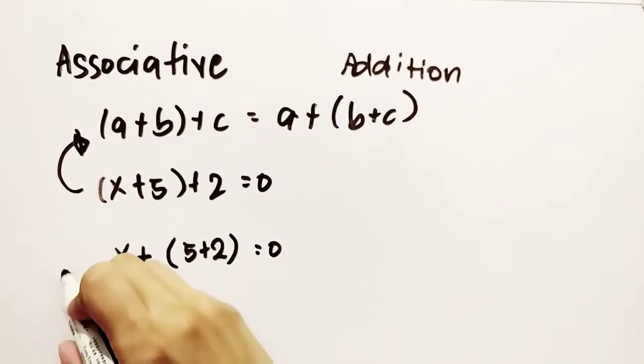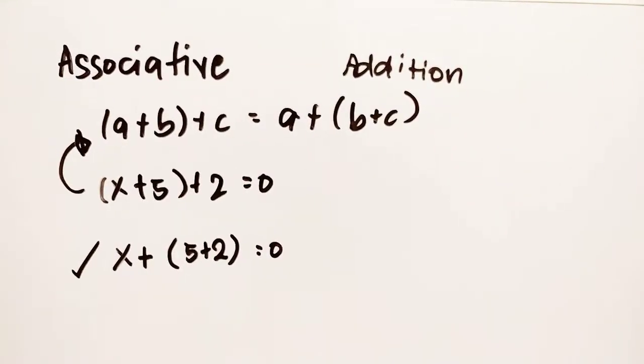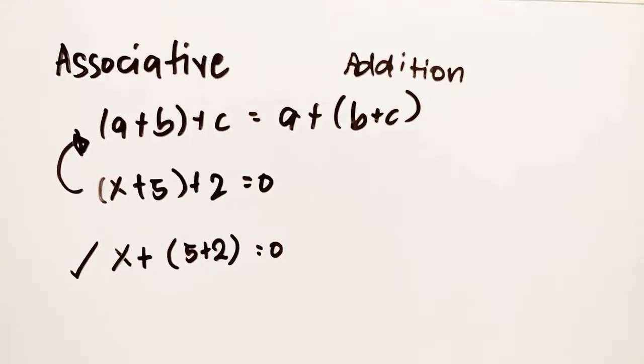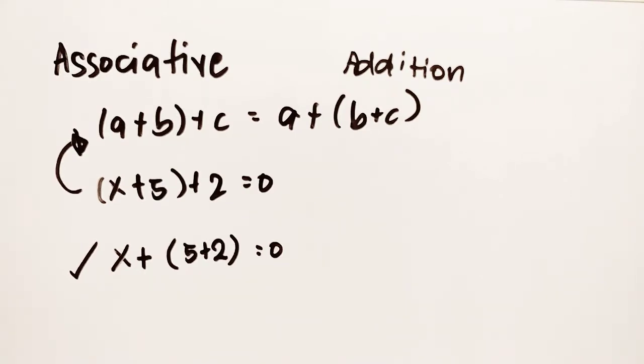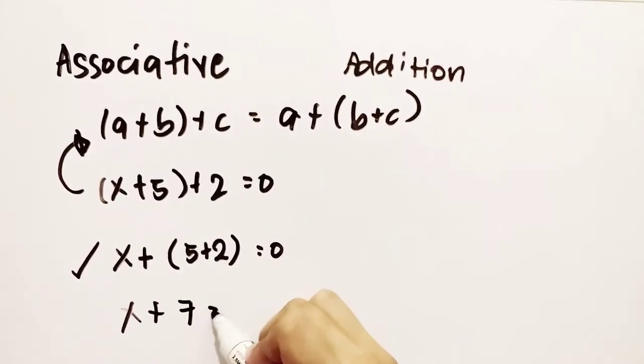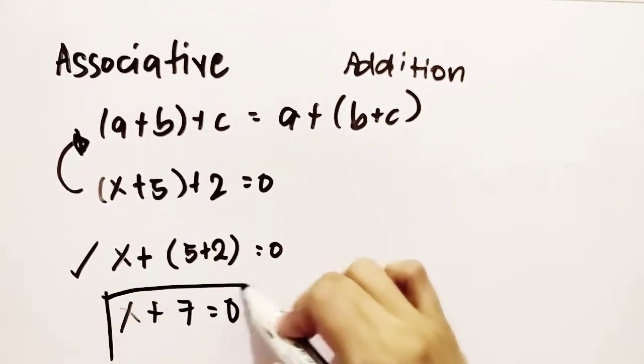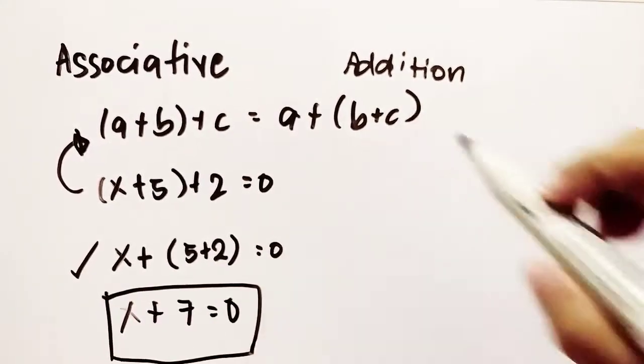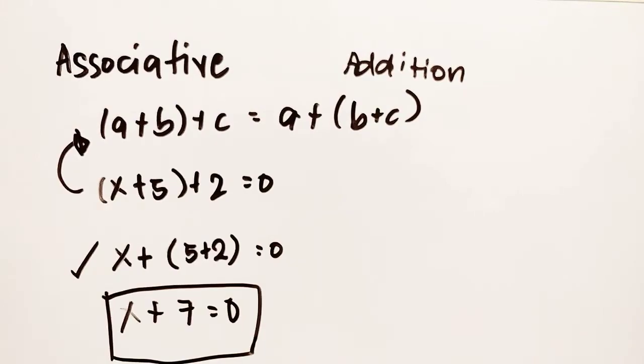So this arrangement will be much easier for us to solve. So this field axiom actually helps us to reform or rearrange the equation for us to further solve this equation better. So solving this equation, we have 5 plus 2 is equal to 7. So here it is. That is how associative works.